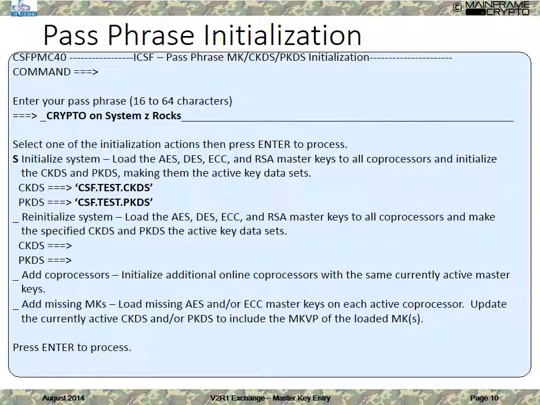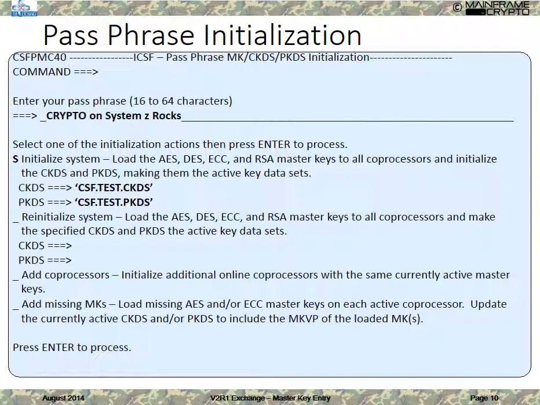That's what you would typically use for a first-time setup. You select initialize system, you point to your CKDS and your PKDS, and what ICSF is going to do is take that passphrase and run it through a hash algorithm. Actually, it's going to run it through a couple different hash algorithms. The process is slightly different for each of the 4 master keys.